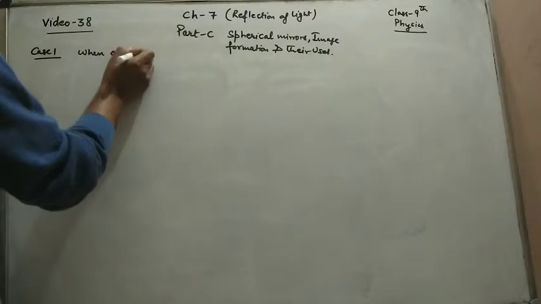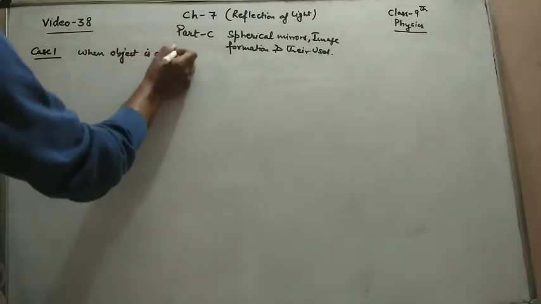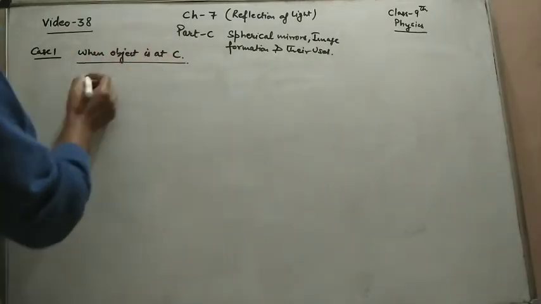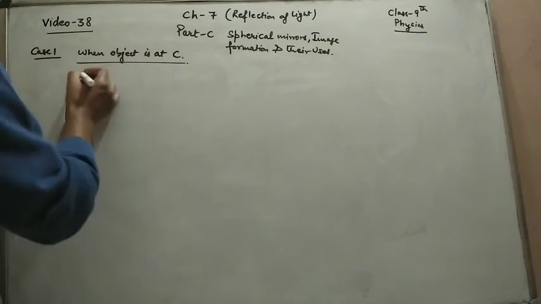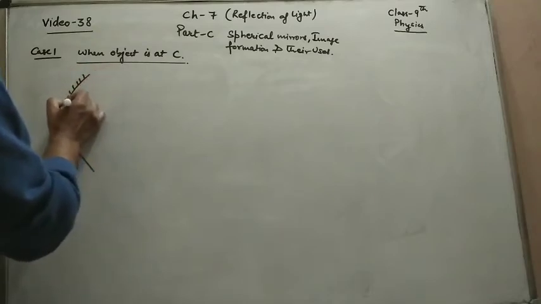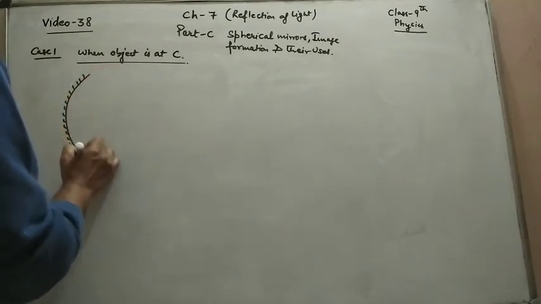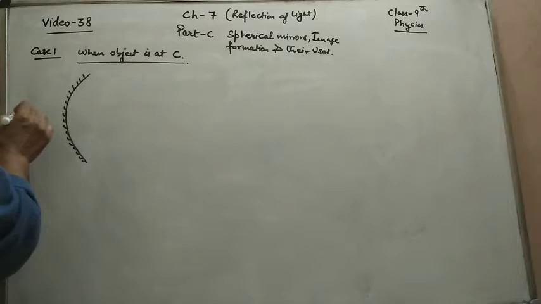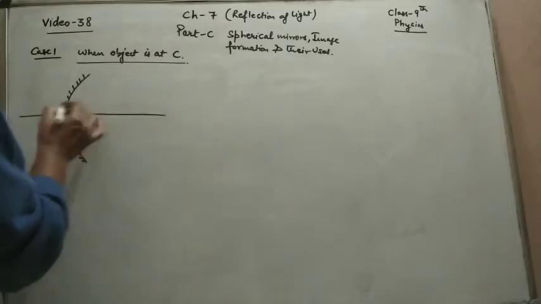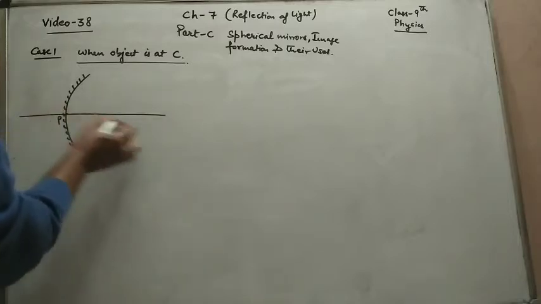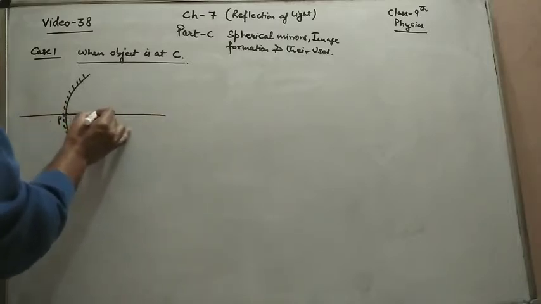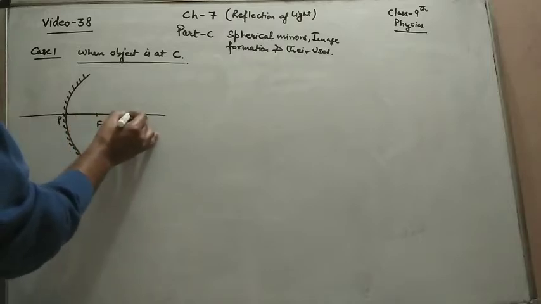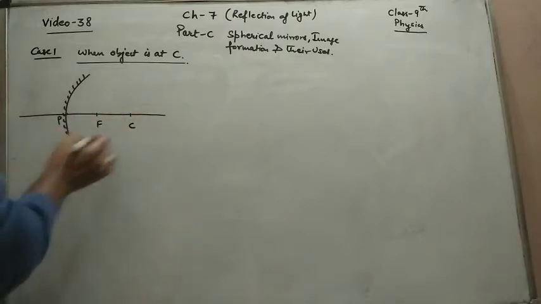When object is at center of curvature, C. Here is the pole, this is the principal axis, here is the focus, double to this is center of curvature.